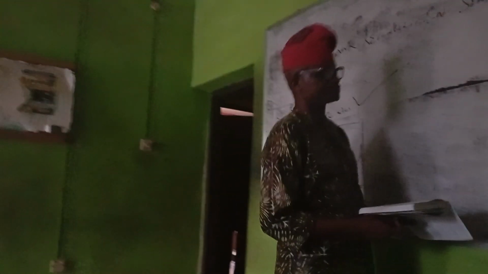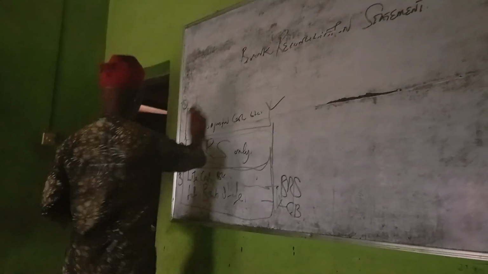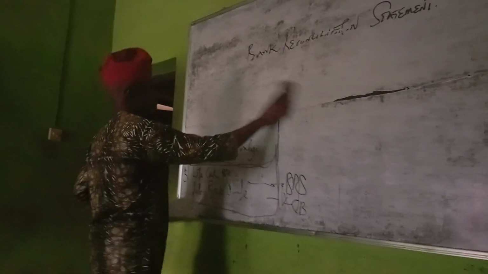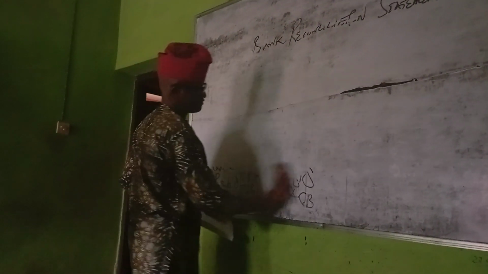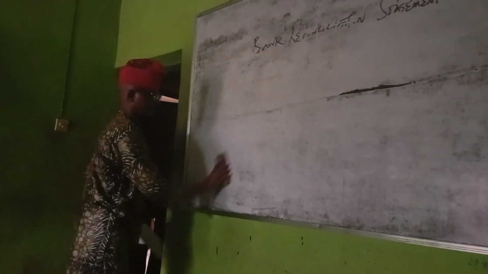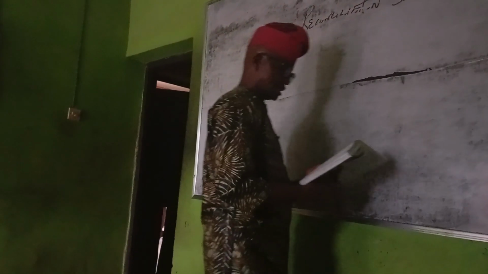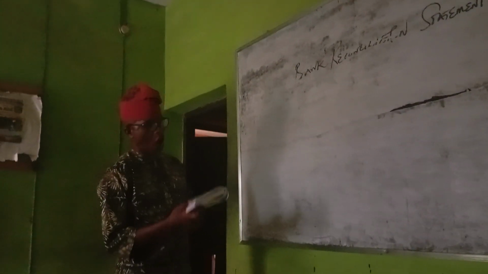Now, let's solve this question on the board, with some explanation that I'm going to give also. So, the name of this account as we speak is Case Court.